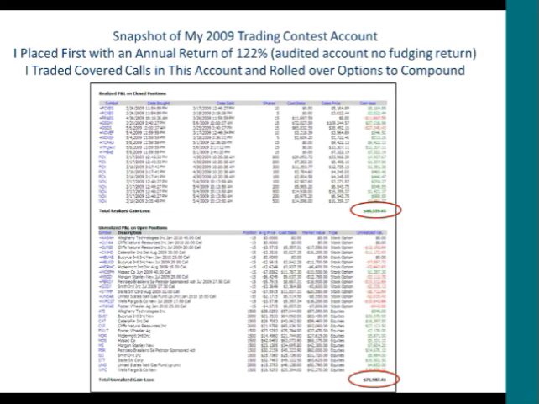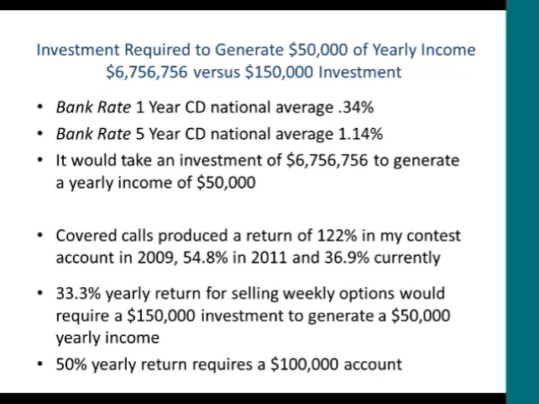And at that time, they didn't have weekly options, but I was trading monthly option covered calls, and I was simply rolling over my covered calls each month, and that allowed me to compound my return. So in this account, I had a 122% return for the year trading covered calls.